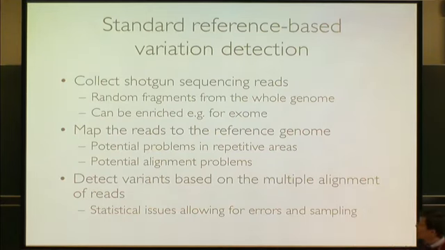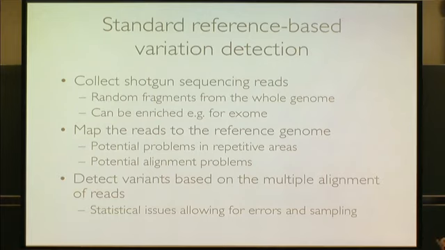So to move on to variation, how do people normally study genetic variation? We've already seen how the Burrows-Wheeler transform, as well as being a compressed data structure and giving you fast matching, has an innate relationship to the way that sets of sequences overlap each other and are related to each other in assembly.